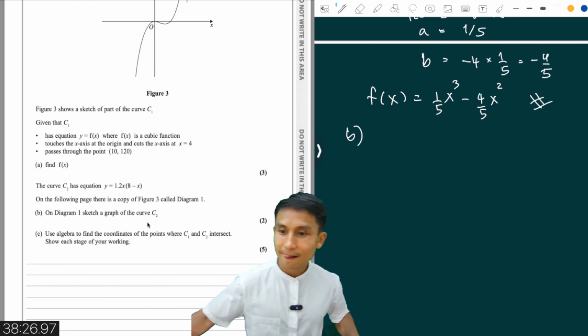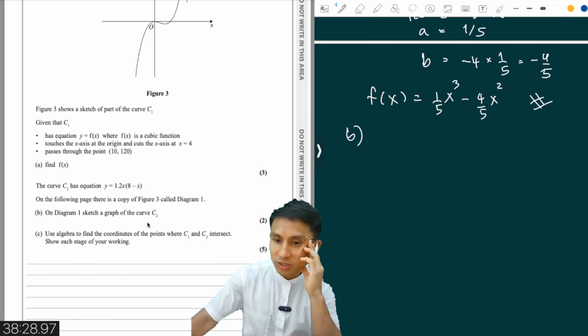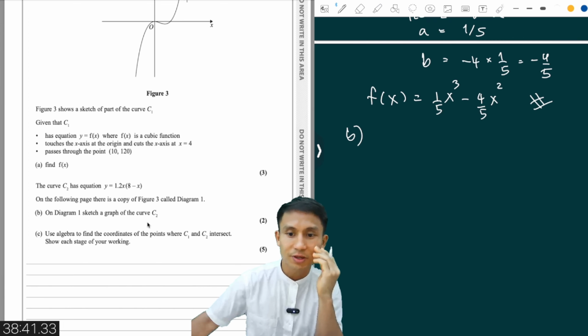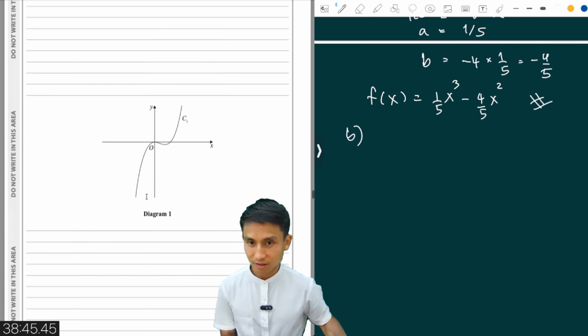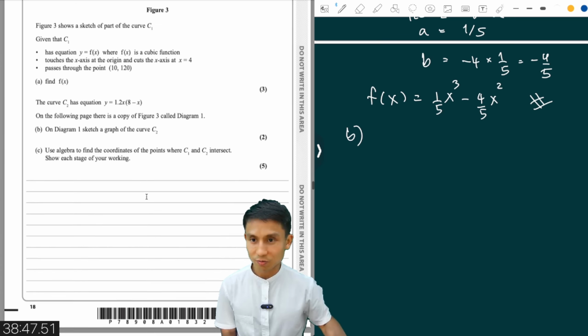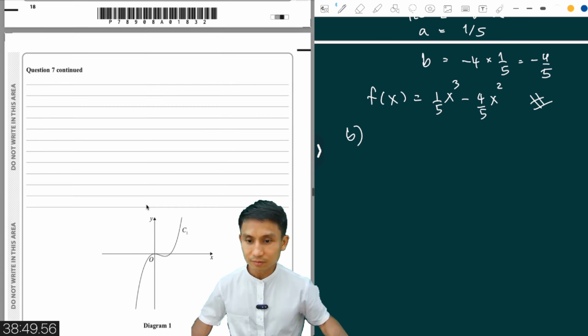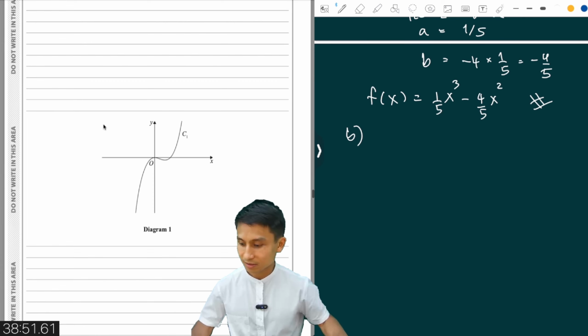All right. The curve C2 has equation y equals 1.2x times that. That is a quadratic curve, an inverted quadratic. On the following page, there is a copy of the graph, and we need to plot this. So let me just get that graph first.